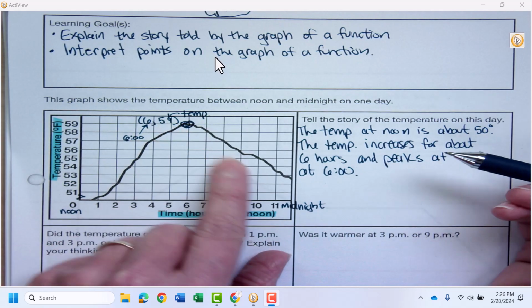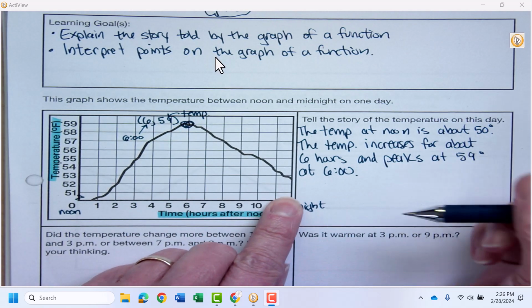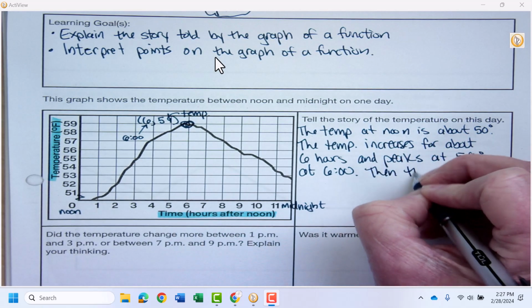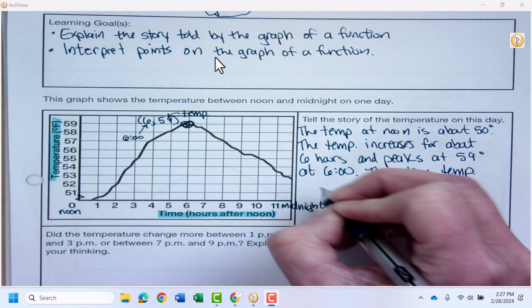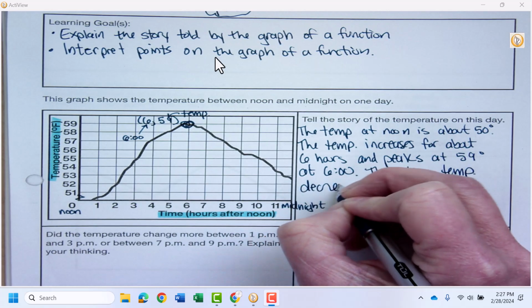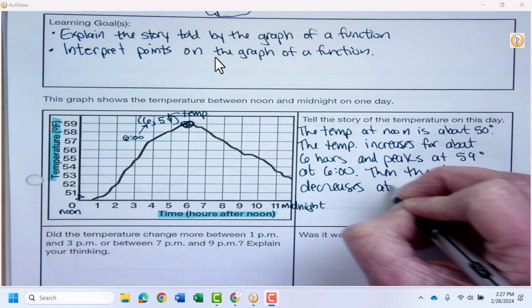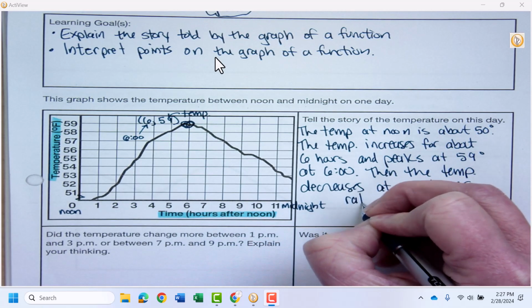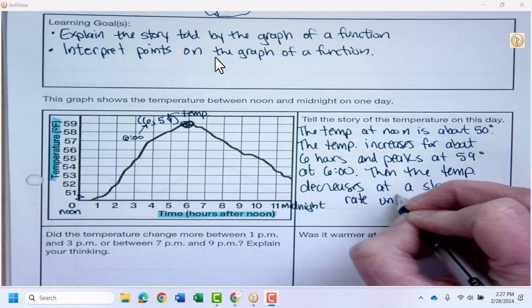Then the temperature decreases at a slower rate until midnight, and then we don't know what happens.